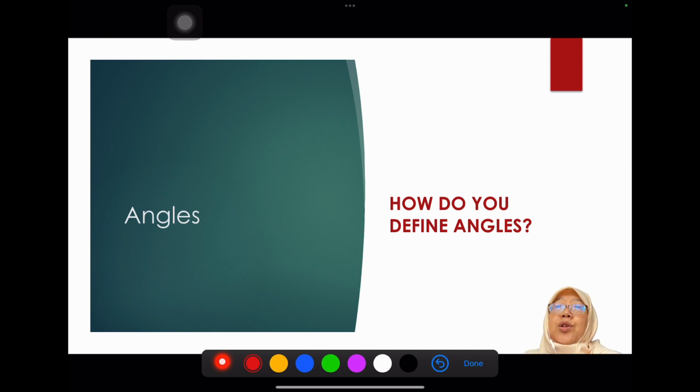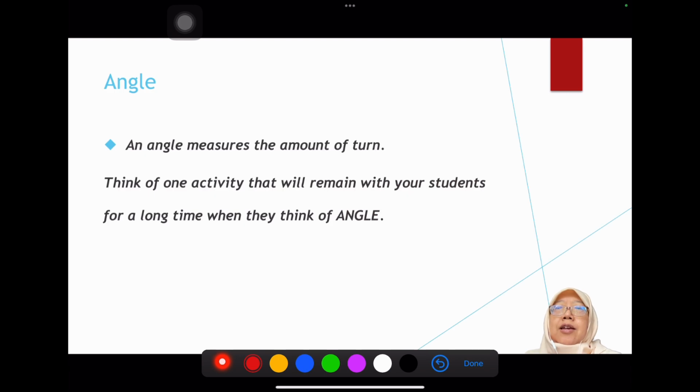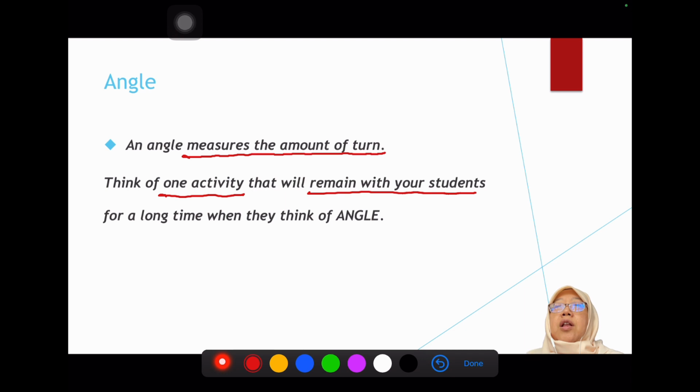Now, how do you define angles? What are angles? An angle measures the amount of turn. So you can ask your students to think about this definition. Think of one activity that will remain with your students for a long, long time when they think of angle.